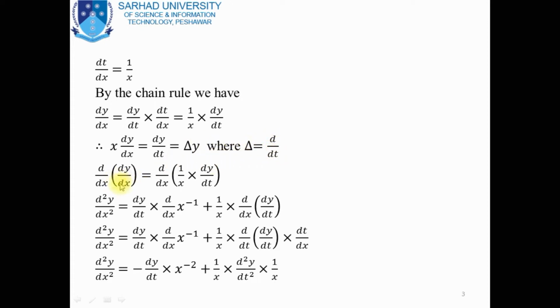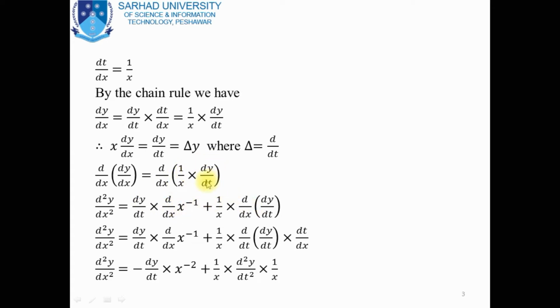Now again differentiating with respect to x, d/dx of dy/dx is equal to d/dx of 1 over x multiplied by dy/dt. So d²y/dx² is equal to dy/dt multiplied by d/dx of x^(-1), plus 1 over x multiplied by d/dx of dy/dt. This is actually the product rule: first times derivative of second plus second times derivative of first.